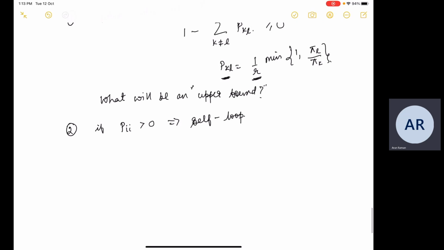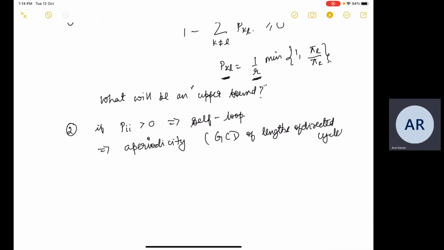Okay. If pi_ii is greater than 0, then there is a self loop. A self loop implies aperiodicity by default. Aperiodicity is the GCD of the lengths of directed cycles.